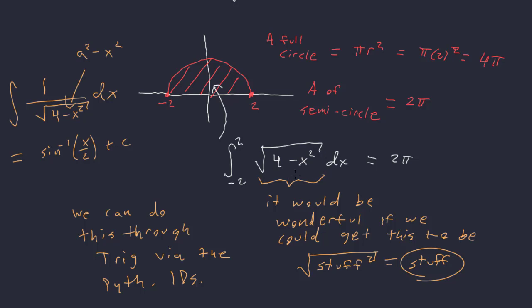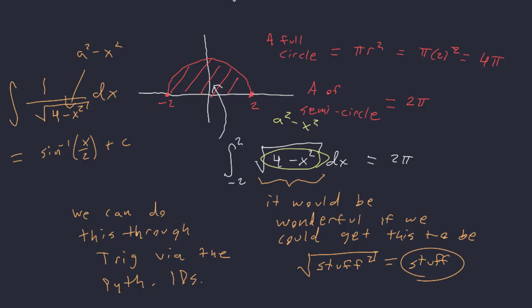So this is the same pattern, except it's not in the denominator. It's in the numerator all by itself. However, we're still going to identify this as a sine pattern, a squared minus x squared, and so we are actually going to utilize a sine when we do this.